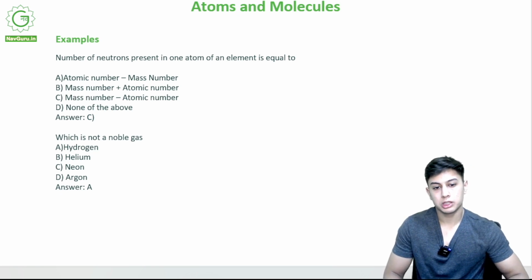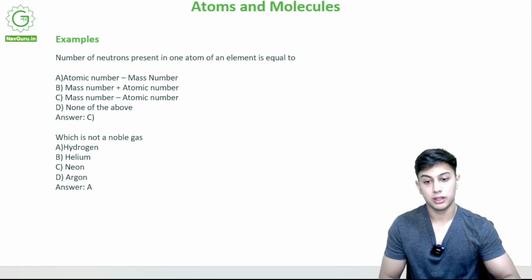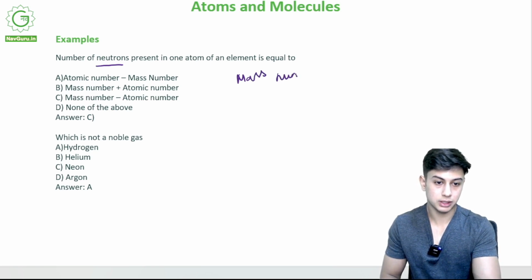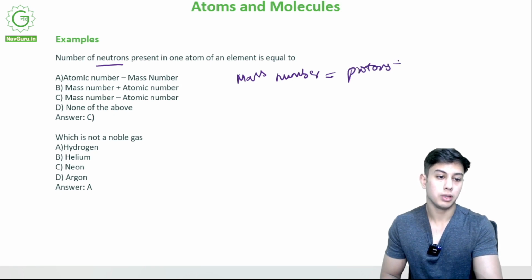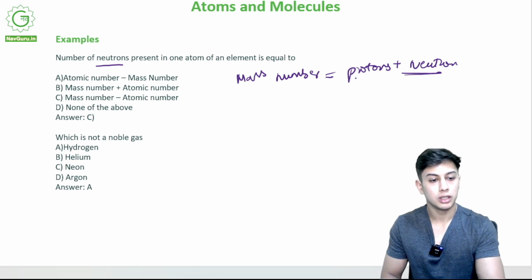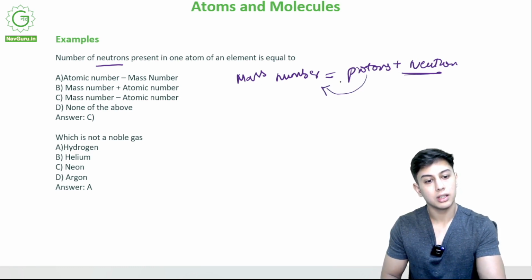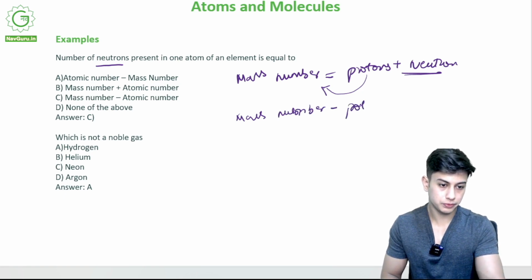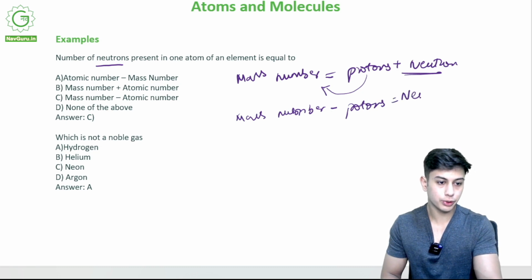Number of neutrons present in one atom of an element is equal to what? Okay, I remember mass number. What is mass number? Protons plus neutrons. They have asked me neutrons. So I can take this over here: mass number minus protons equal to neutron.